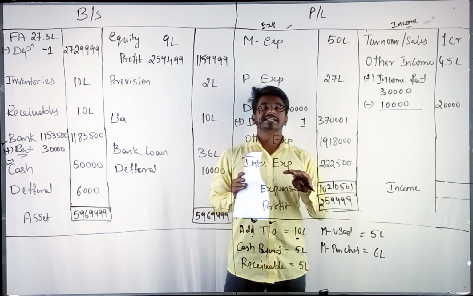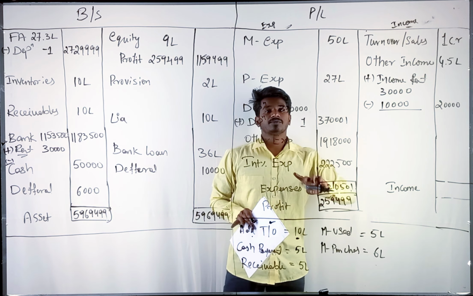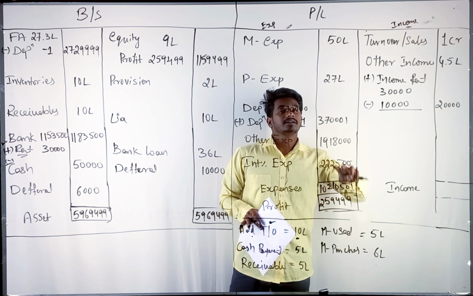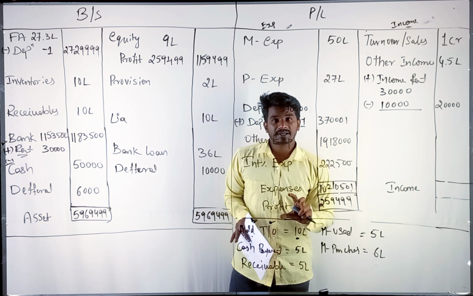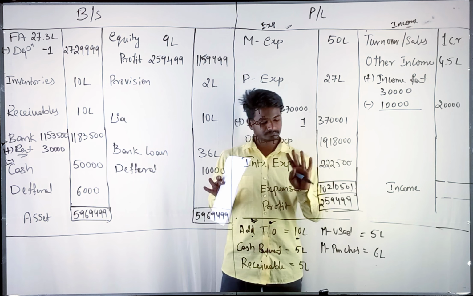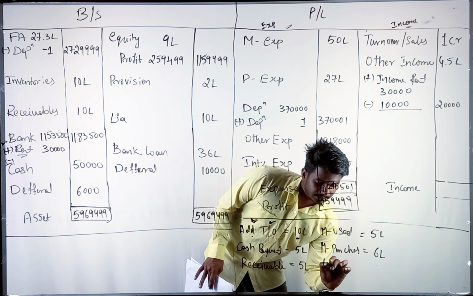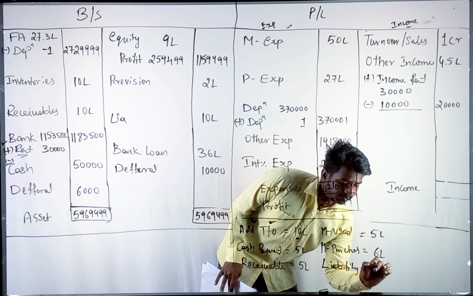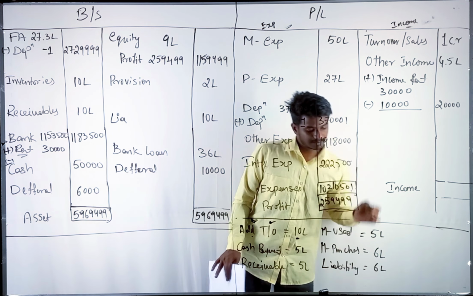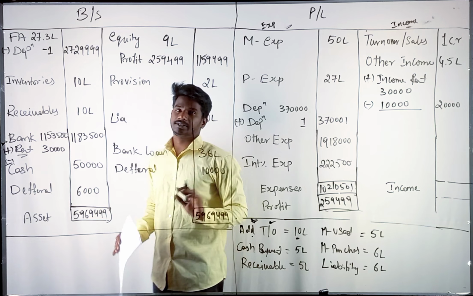Means it is creating a liability. We should pay in the future. Is that correct? Is that company's liability to pay that amount? Fine. Here liability, how much it is? 6 lakhs rupees creates a liability.